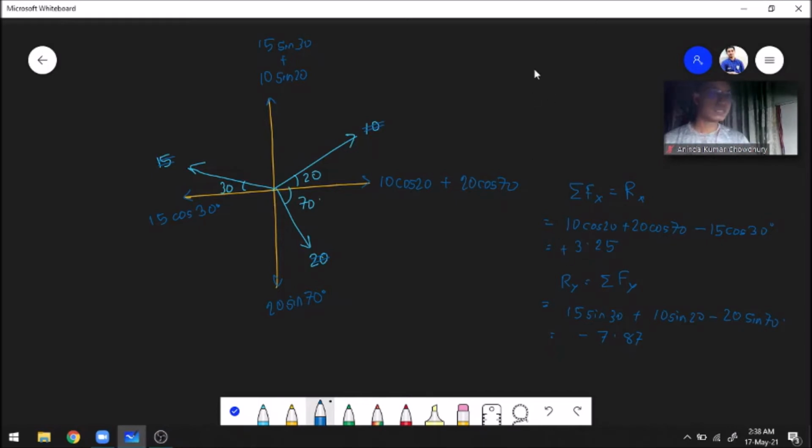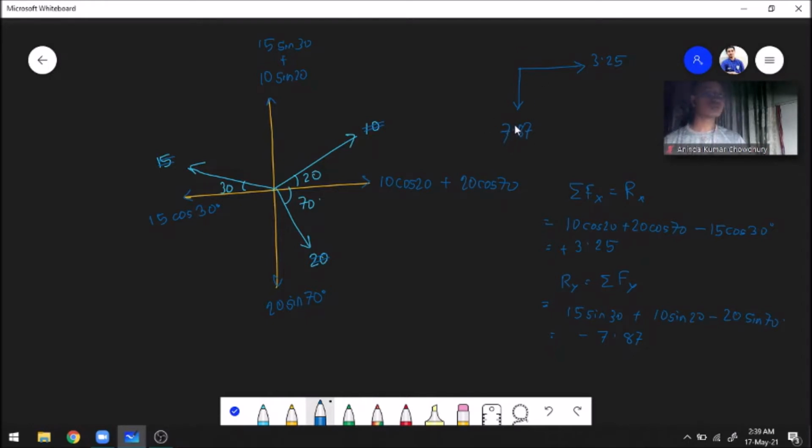Therefore, the resultant force in the x direction is towards the right, that is 3.25. The resultant force in the y direction has a negative value. Therefore, the resultant force in the vertical plane is downwards, and it has a value of 7.87. Negative, that's why downwards. If it was positive, it would have been upwards.